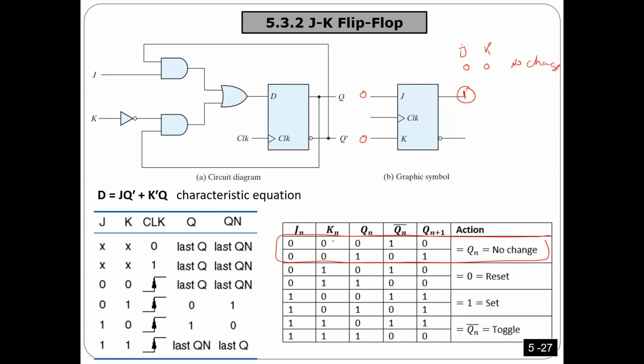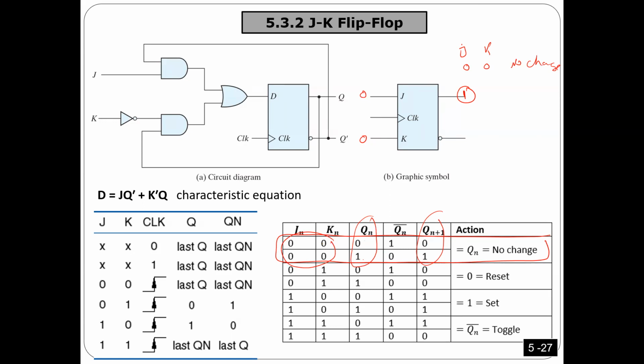So here I'm telling you if it is 0, 0, and Q is 0 or 1, it's going to stay the same. You can see here I use n and n plus 1. It's the same as t and t plus 1. This is the current state, this is the next state. If this is 0, it's going to stay 0. If it is 1, it's going to stay 1. No change. Let's see the next one.